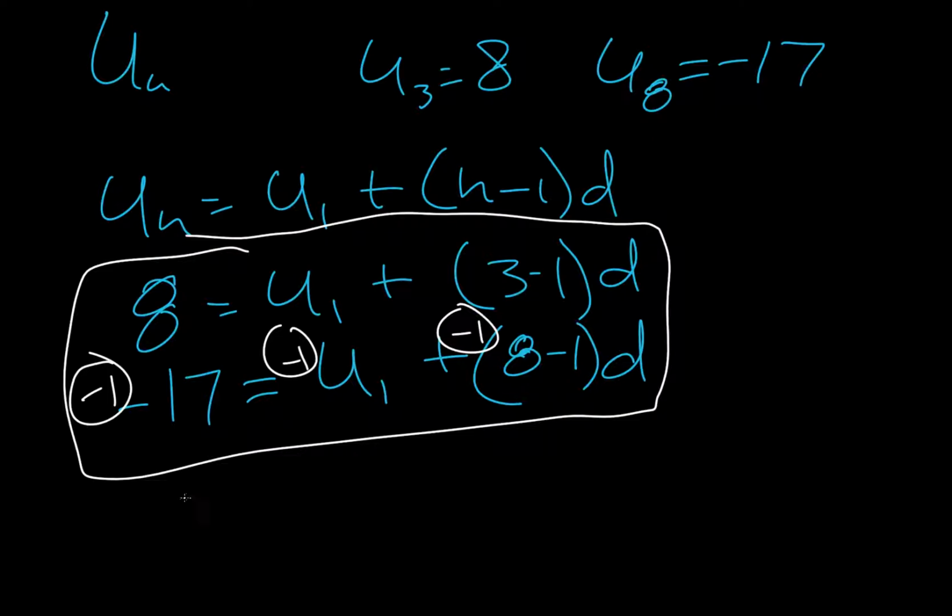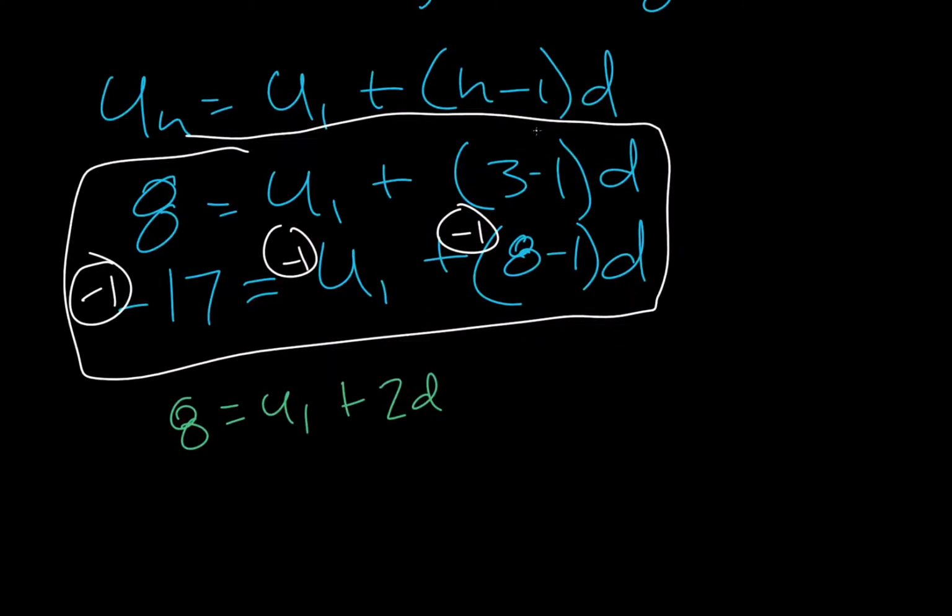So when we do that, our top is still the same. But I'm going to simplify this. So 3 minus 1 is 2. So we have 2d. If we multiply that, we get positive 17. If we multiply that, we get negative u1. And this would be a 7, but then multiplied by a negative, it would be -7.